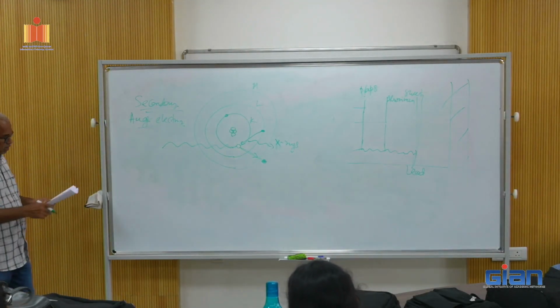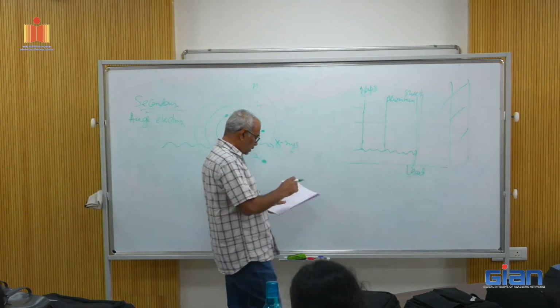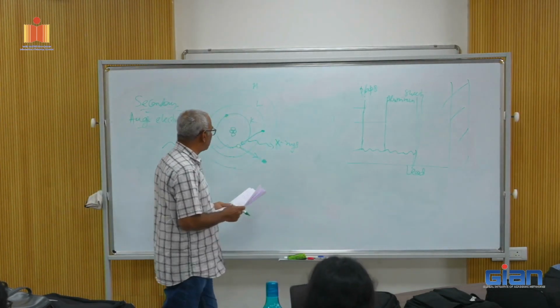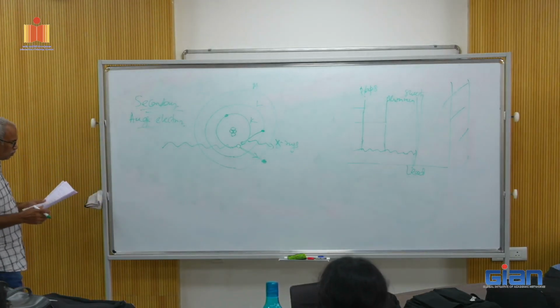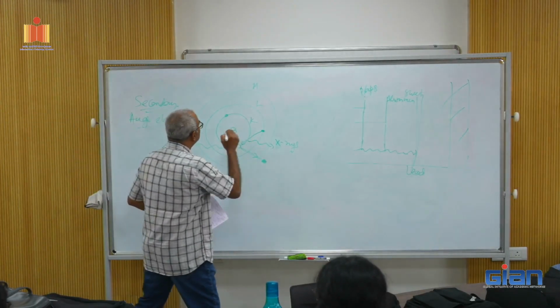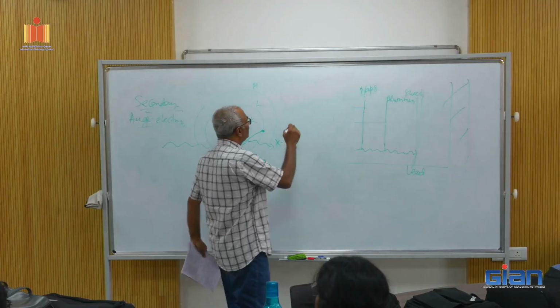One can actually find the cross section for the photoelectric effect, which I will not do here. But before we move forward, I think all of us are familiar with this formula.